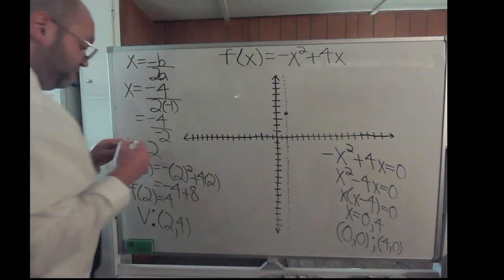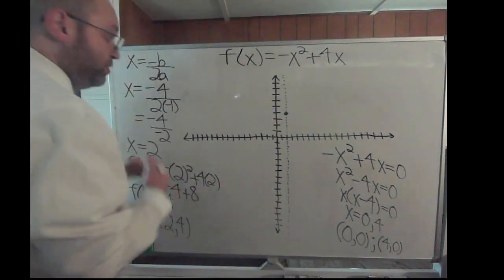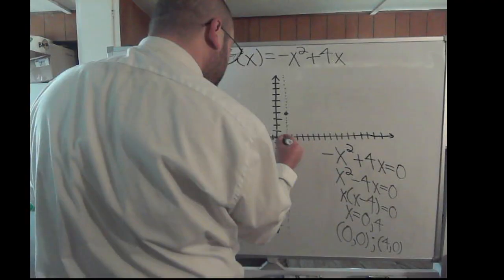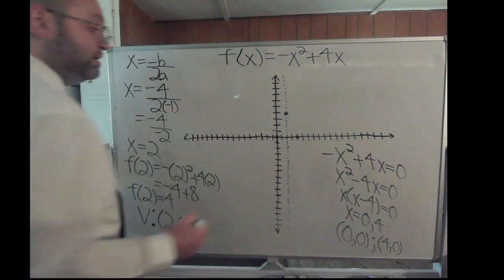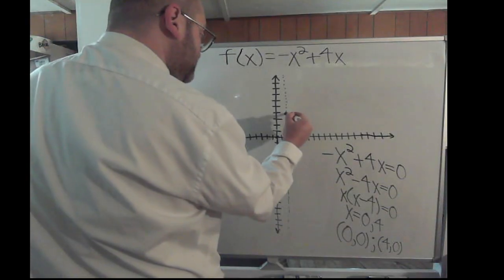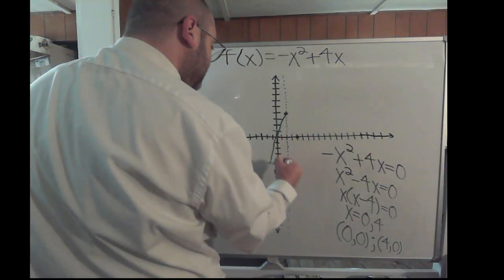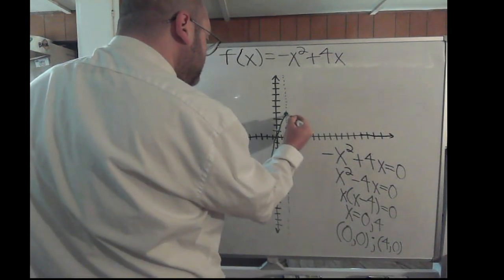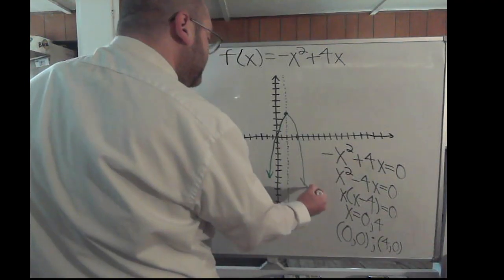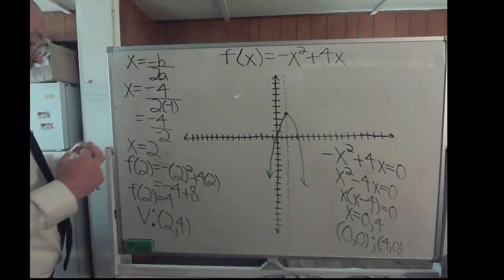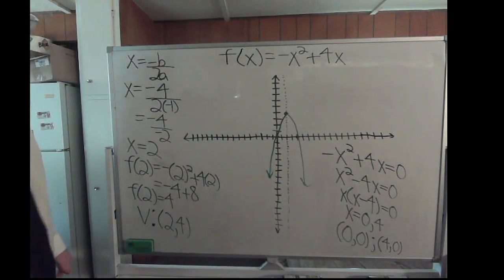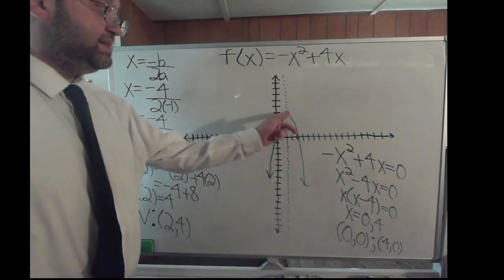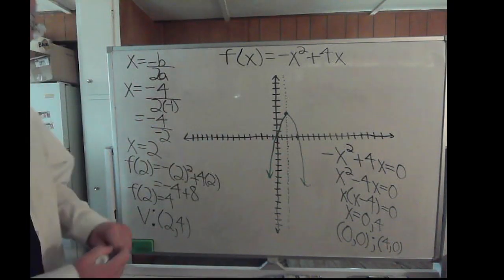So now we can plot 0, 0 and 4, 0, which would go right there. And now between the vertex and those 2 points, you just connect the dots and you make your parabola. And we can see why the 4 is the maximum value of this function, because it's at the vertex, at the top of it.